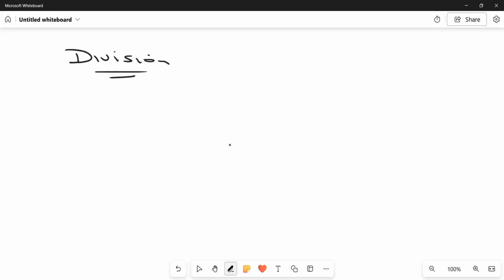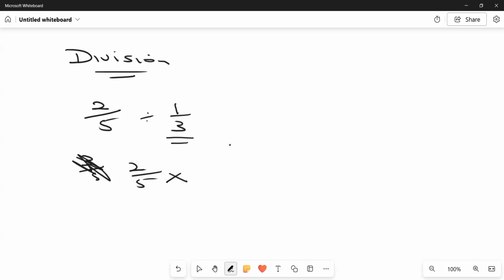So division now, let's say you have to divide 2/5 divided by, let's say, a wild number, 3, right? So dividing by a fraction is the same as multiplying by the reciprocal.